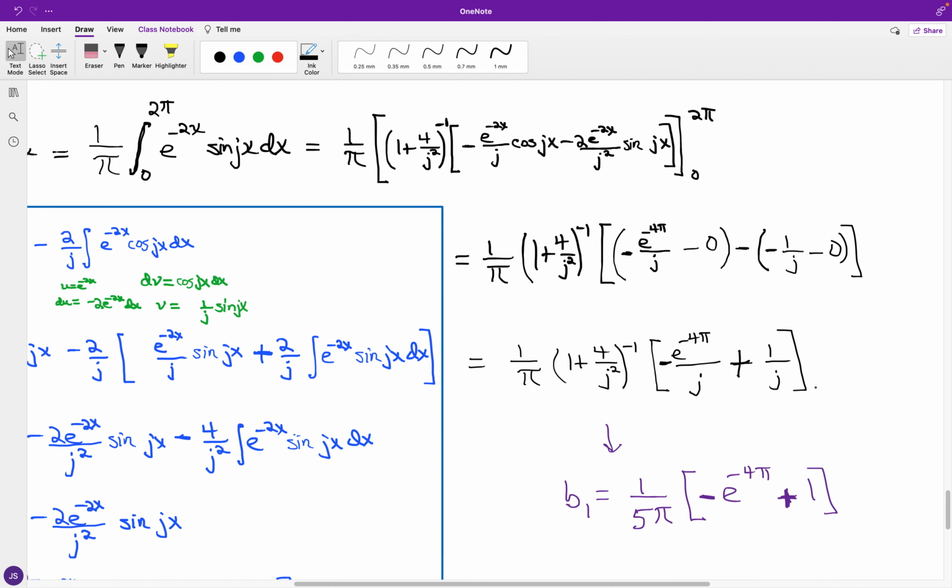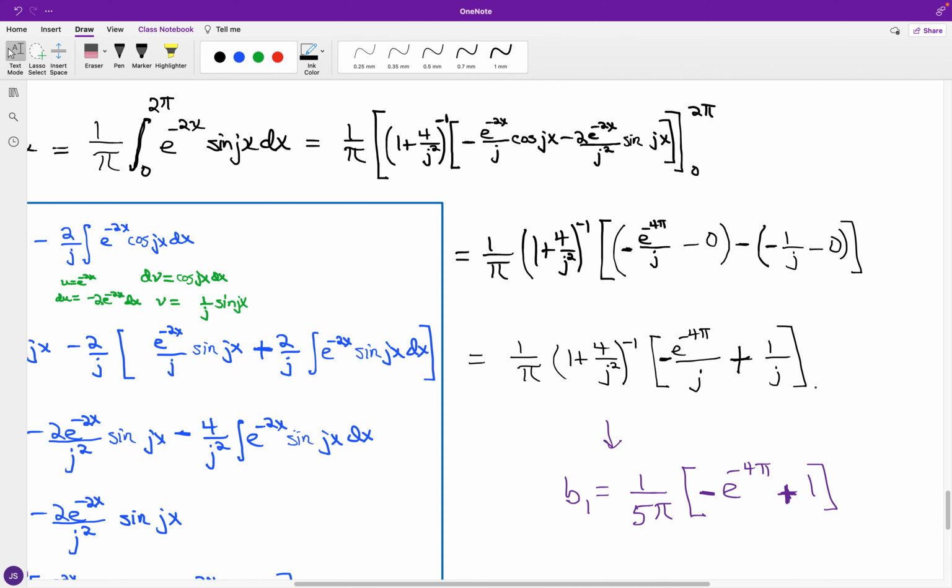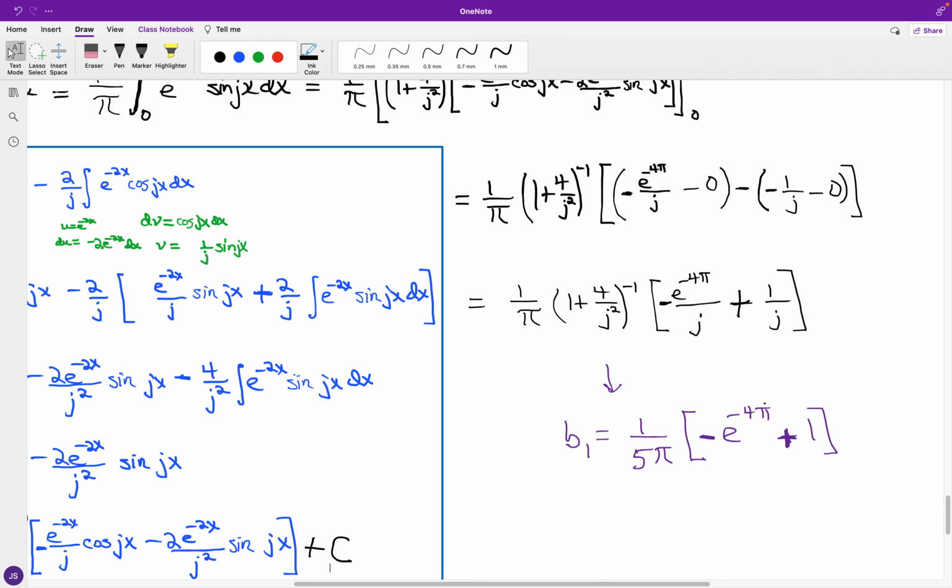And for the non-negligible terms that remain, we're ending up at 1 over pi times the quantity of 1 plus 4 over j squared to the negative 1, times the quantity of negative e to the negative 4 pi over j plus 1 over j. And with j equal to 1, we have the coefficient b sub 1 equal to 1 over 5 pi times the quantity of negative e to the negative 4 pi plus 1.